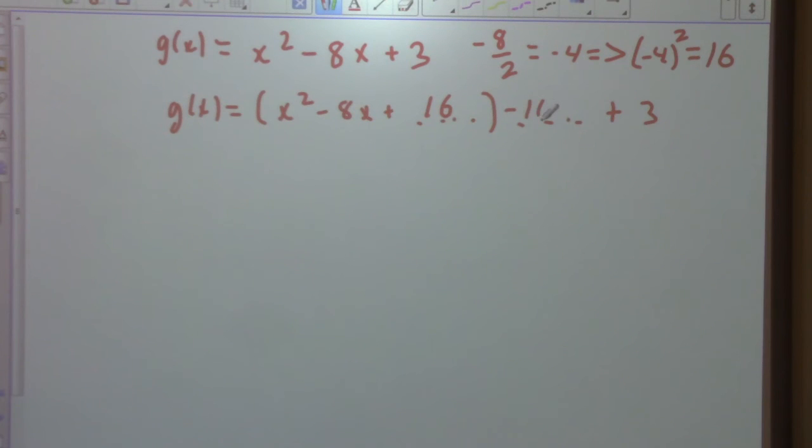Subtract 16. And so now our perfect square is going to be x minus 4 squared. And what goes out here? Minus 13. Okay? And if you see in your calculator, you will see that they are equivalent, right?